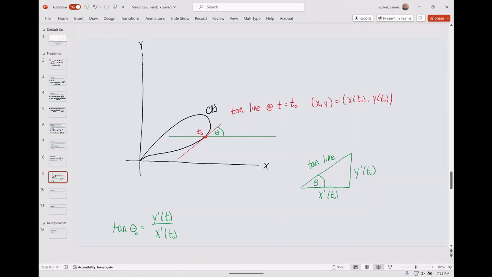But wait, what's y prime over x prime? Well, I should be using dots, but whatever, I'm going to stick with primes. What's y dot over x dot? That's just dy dx, isn't it?